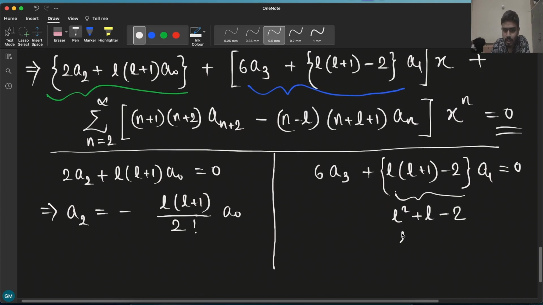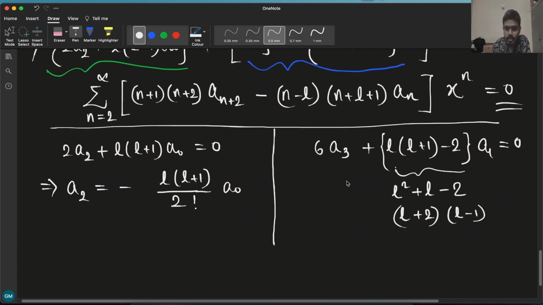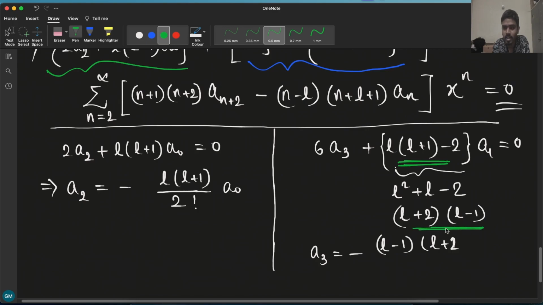So I can write it as L plus 2 times L minus 1, right? In that case a3 will be equal to minus L minus 1 times L plus 2. Why am I writing it like this, and not keeping it as it is? I am writing it like L minus 1 times L plus 2.